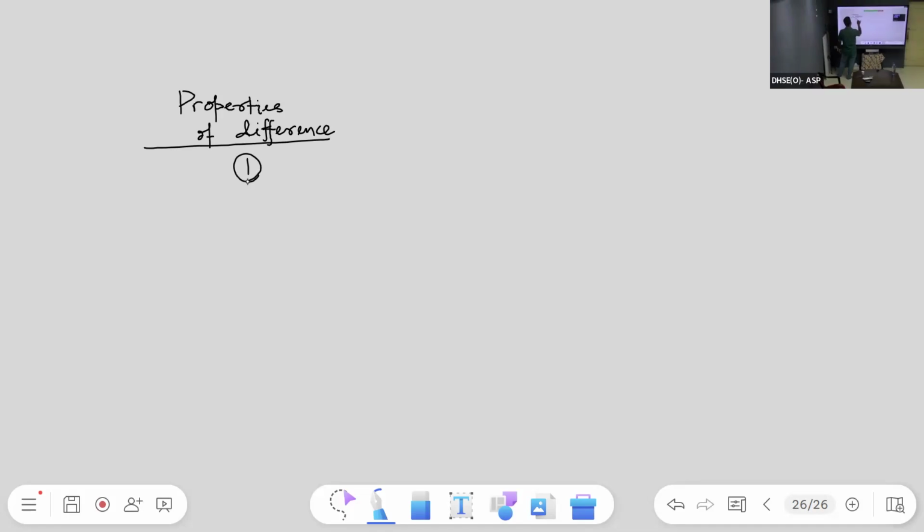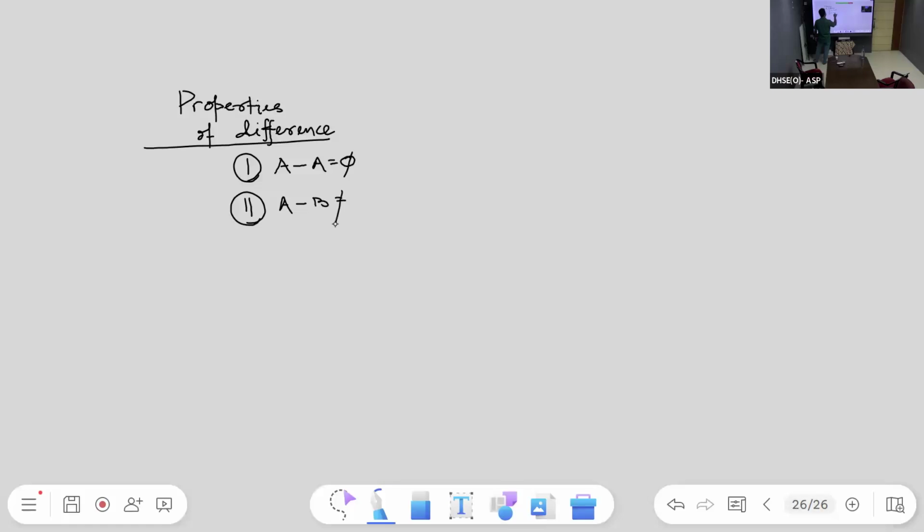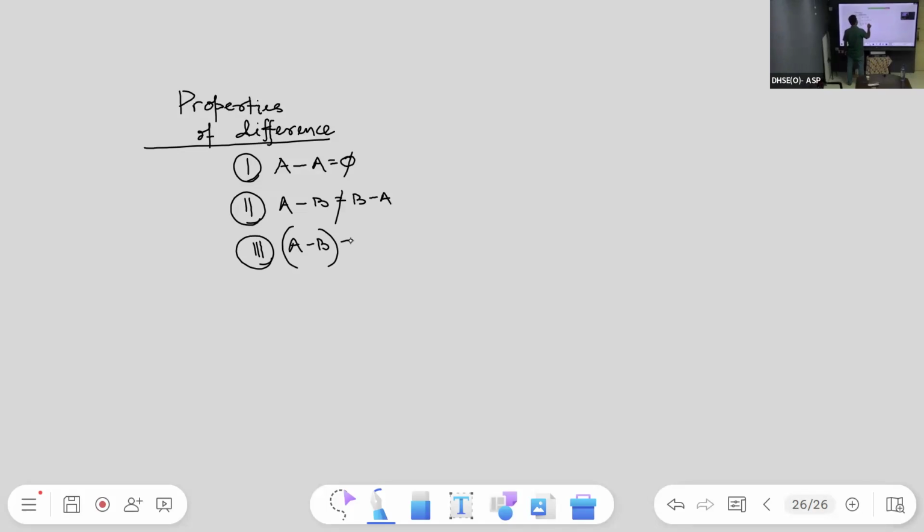Property 1, A difference A is equal to phi. Property 2, A difference B is not equal to B difference A. Property 3, A difference B whole difference C is not equal to A difference B difference C.